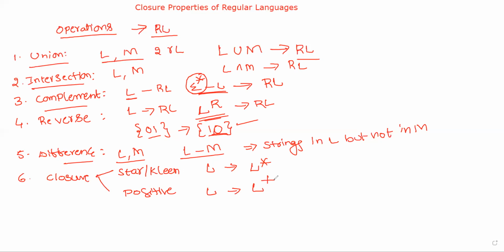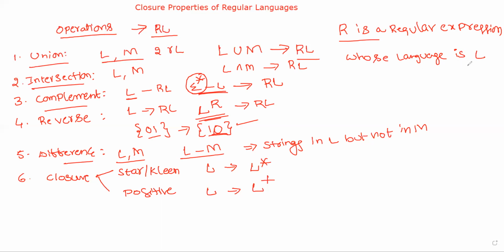Generally, suppose R is a regular expression whose language is L. If you assume R is a regular expression that generates some language L, and L is a regular language, then R star is also a regular expression, and in a similar way, L star is also regular.